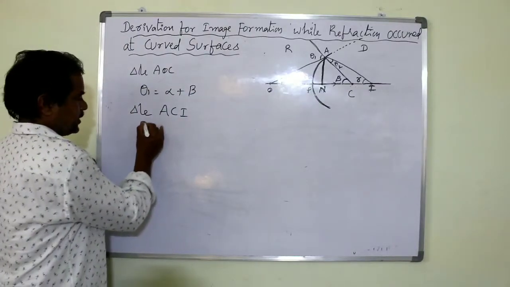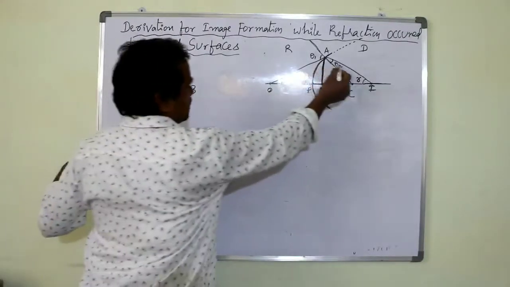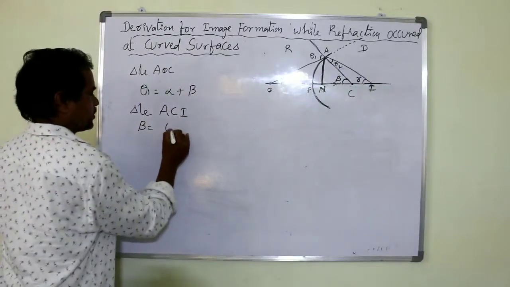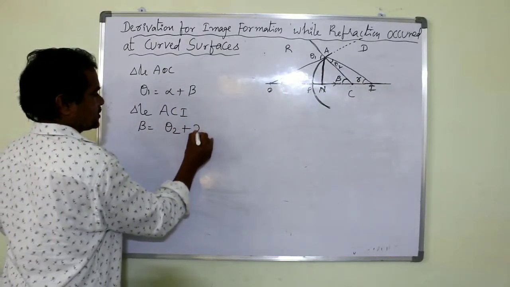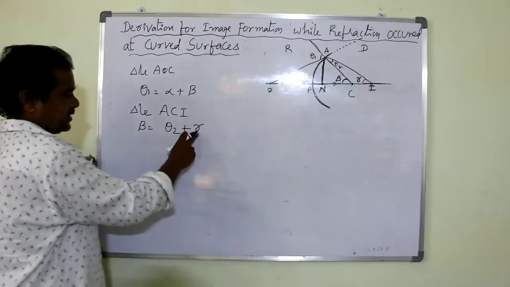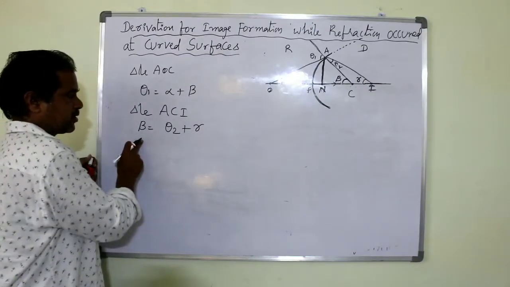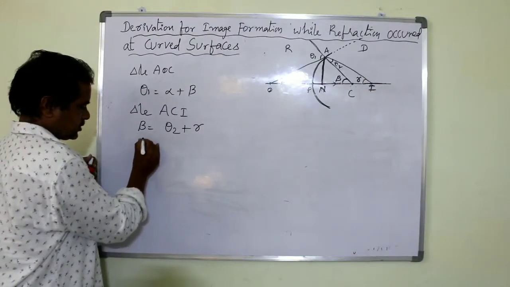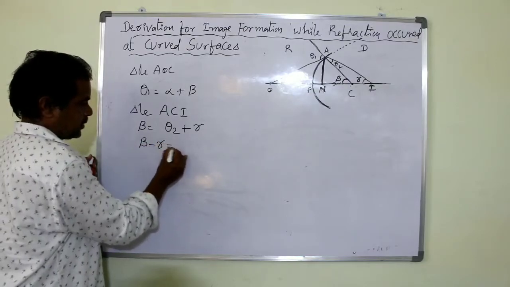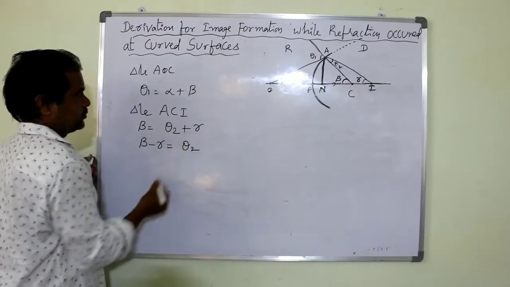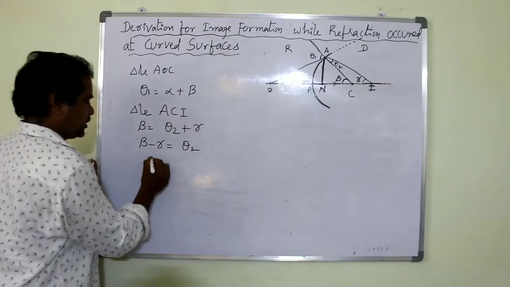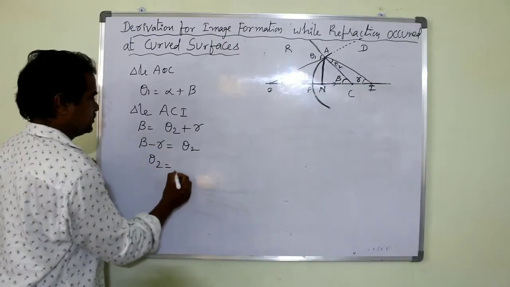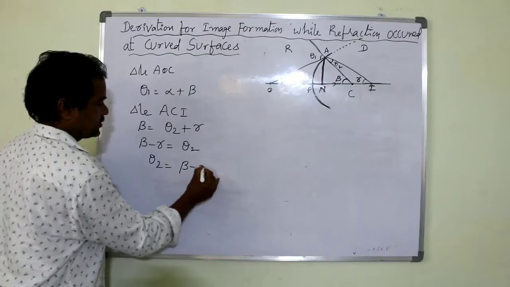So beta is equal to theta 2 plus gamma. Any additive factor moving to the other side of the equality becomes a subtraction, so beta minus gamma is equal to theta 2, or theta 2 is equal to beta minus gamma.